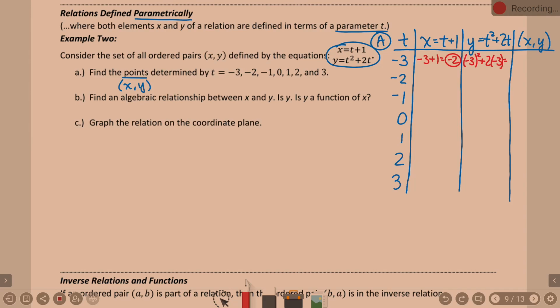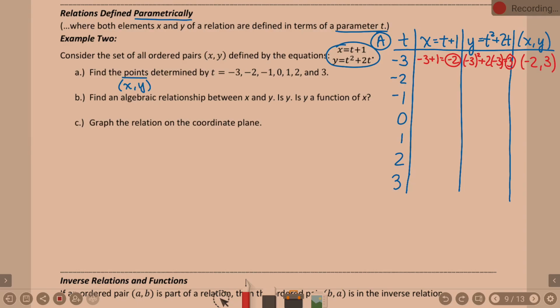I'm just giving you an example. If you put -3 in, because that's the t value again, -3 squared is 9. 2 times -3 is -6. And 9 plus -6 is 3. Again, I'm not showing the work for all of them. I'm just getting us started. So what's my ordered pair for this one? -2, comma 3.